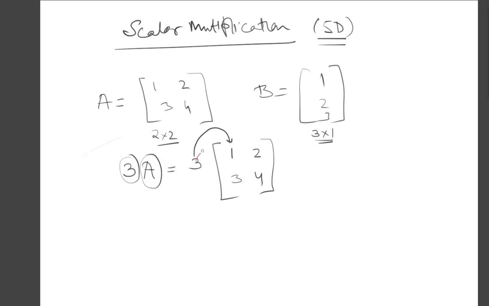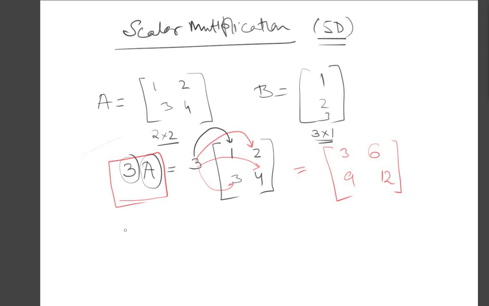That means this 3 is getting multiplied to all the individual elements. So my final matrix would be 3 times 1 is 3, 3 times 2 is 6. Everything is getting multiplied by 3. That is the answer for 3A. Got it?